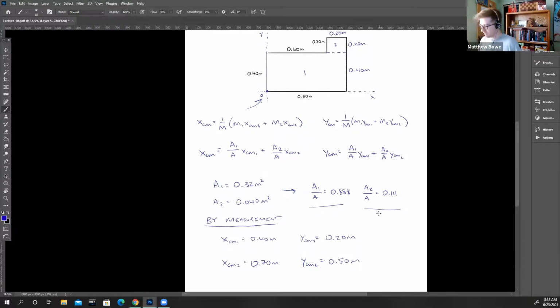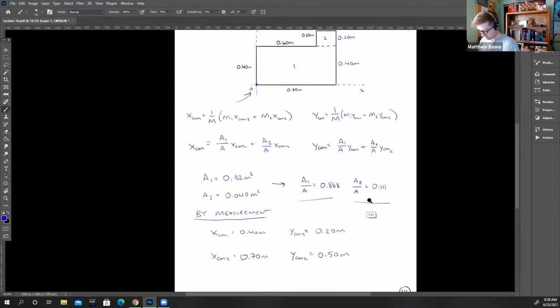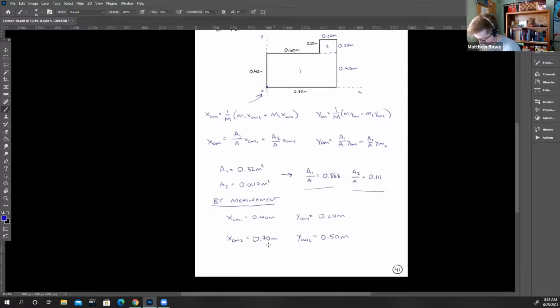We get the overall center of mass of the object has coordinates of 0.43 meters in the horizontal direction, and 0.23 meters in the vertical direction.